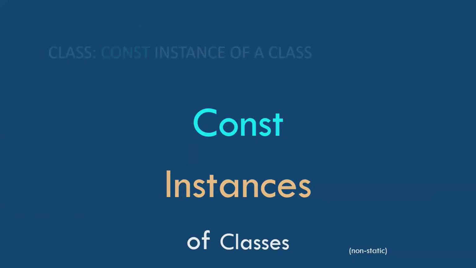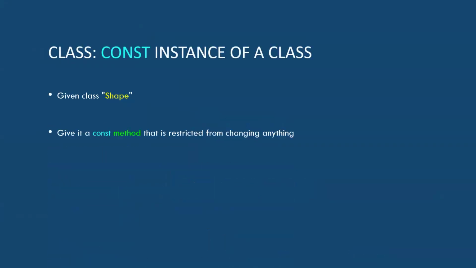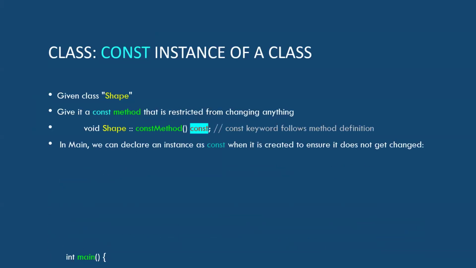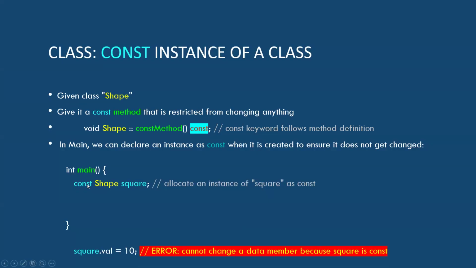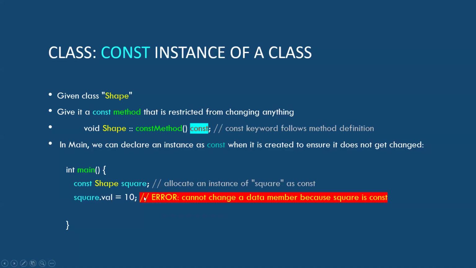All right, last one, I think, const instances. So if I have a const method, some of this is really strange. Here's me creating an instance of the shape class that no one is allowed to change. So square is a constant shape.